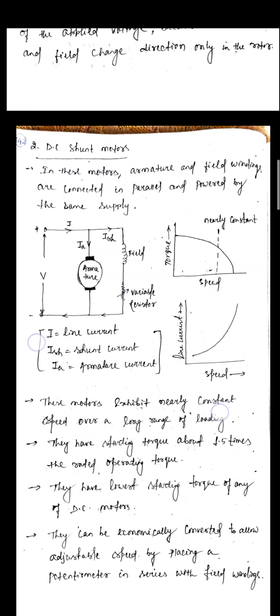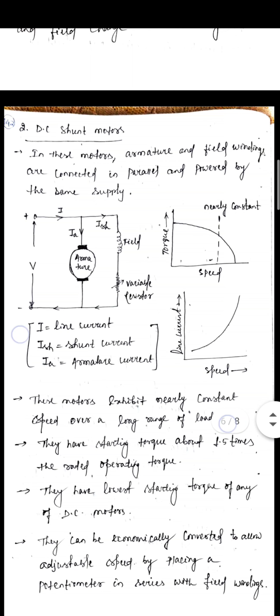So next, moving to the second type, DC shunt motors. Look here at the figure. The armature is placed in the middle. So what happens in DC shunt motors? In these motors, the armature and the field winding are connected in parallel and powered by the same supply.